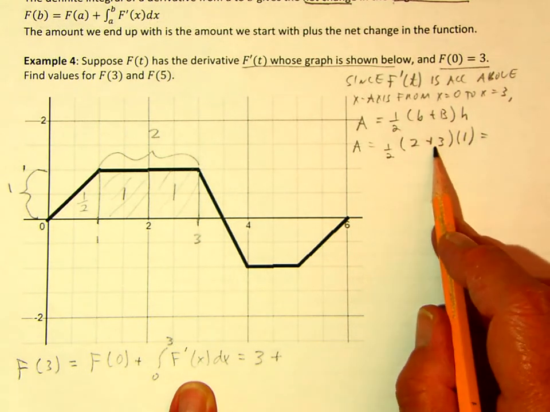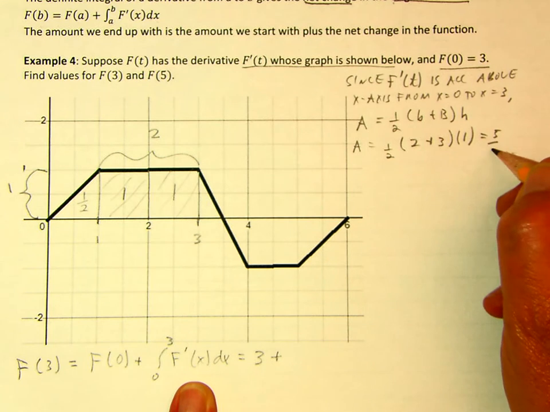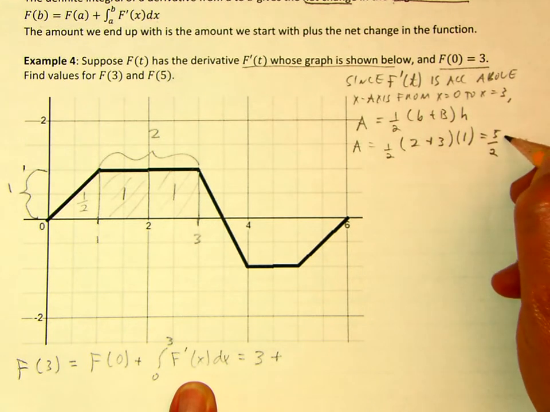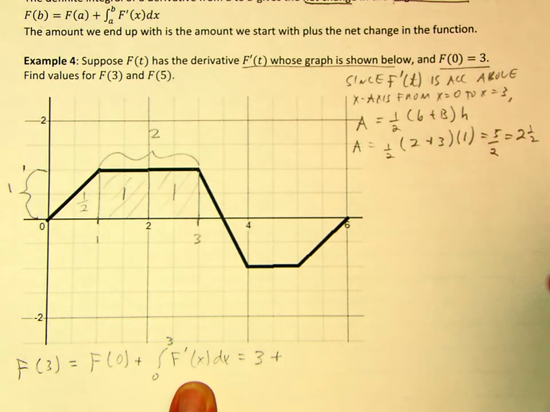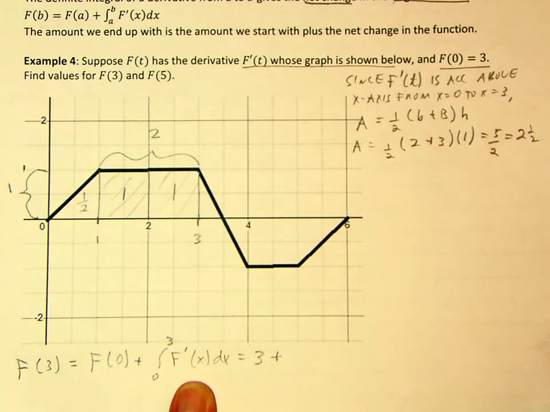So 1/2 times 5, which is 5/2, which would be 2 1/2, just as we predicted.